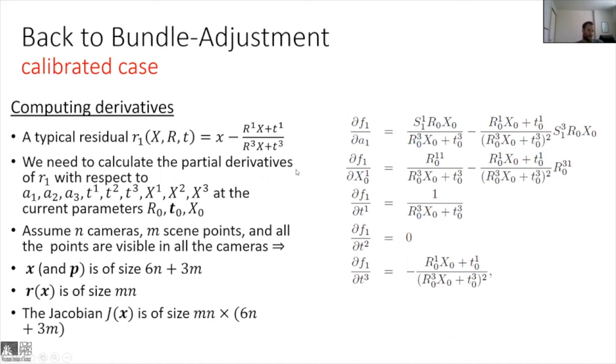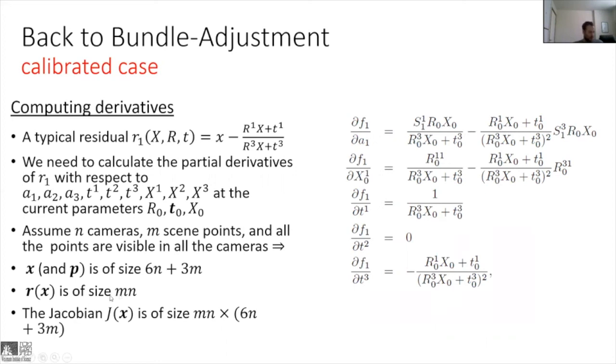And one question: how did you find that the size of the Jacobian is 6n plus 3m? Because it's the number. Let's think about it. When you have residuals, actually, this should be 2 times mn.